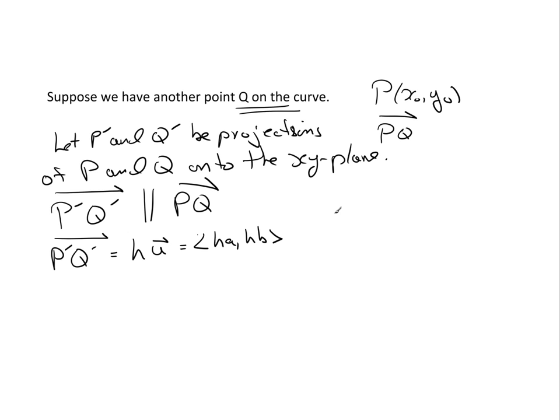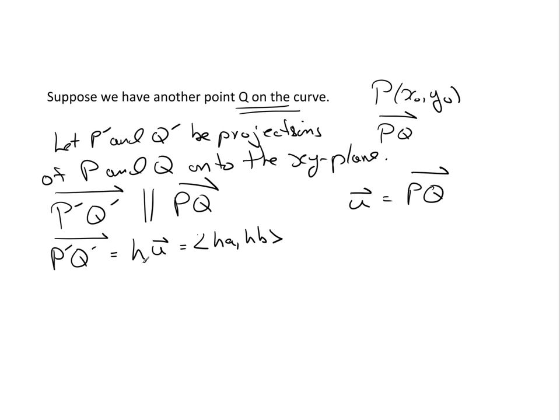And I'm thinking here in terms of u as having representation PQ. So because these are parallel, I can write these as a constant multiple of each other.